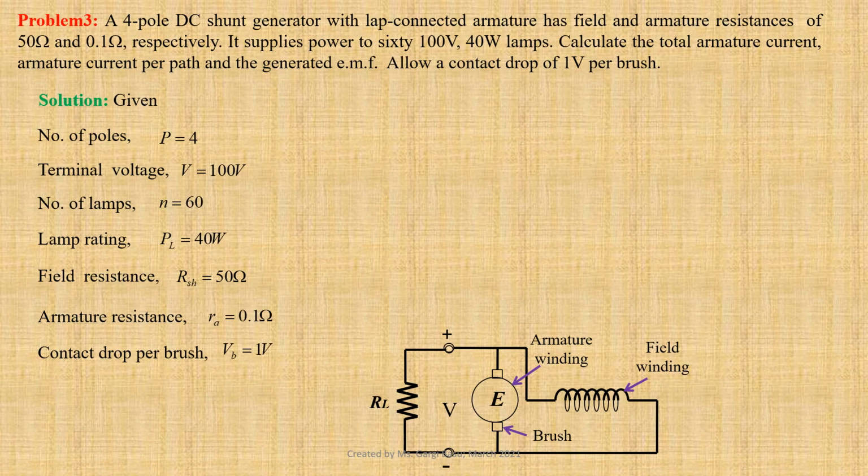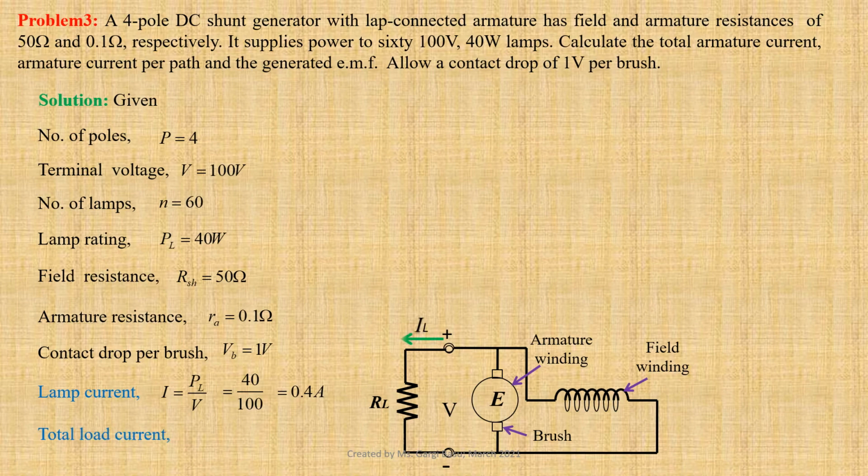Let us first calculate lamp current. I equals to PL divided by V, that is equal to 40 divided by 100, that gives us 0.4 ampere.